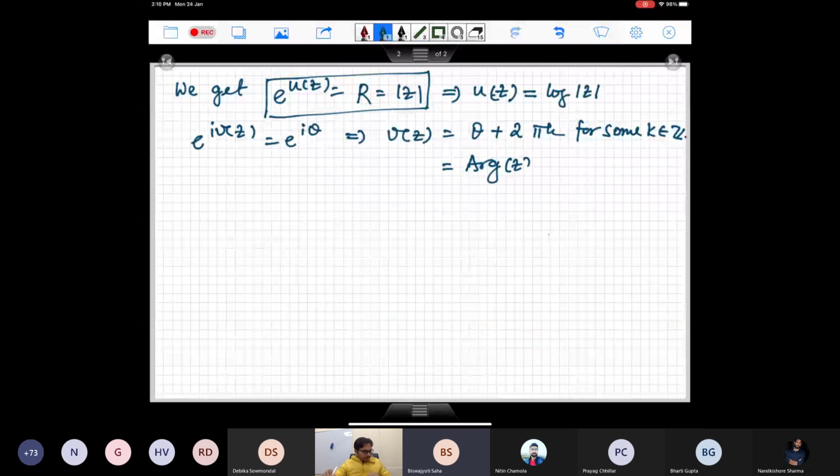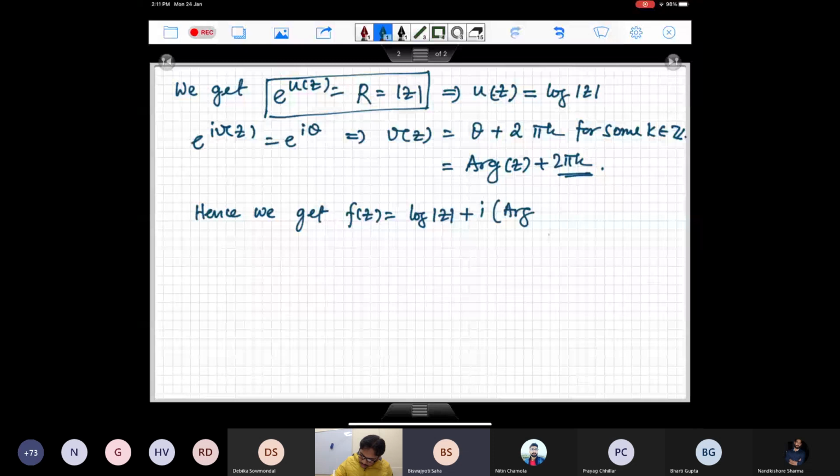Okay, so great, I have now got a choice of u(z) and a choice of v(z). Of course we understand the choice of u(z) is unique but not the choice of v(z). Hence we get f of z must be log of mod z plus i times argument of z plus 2 pi k.